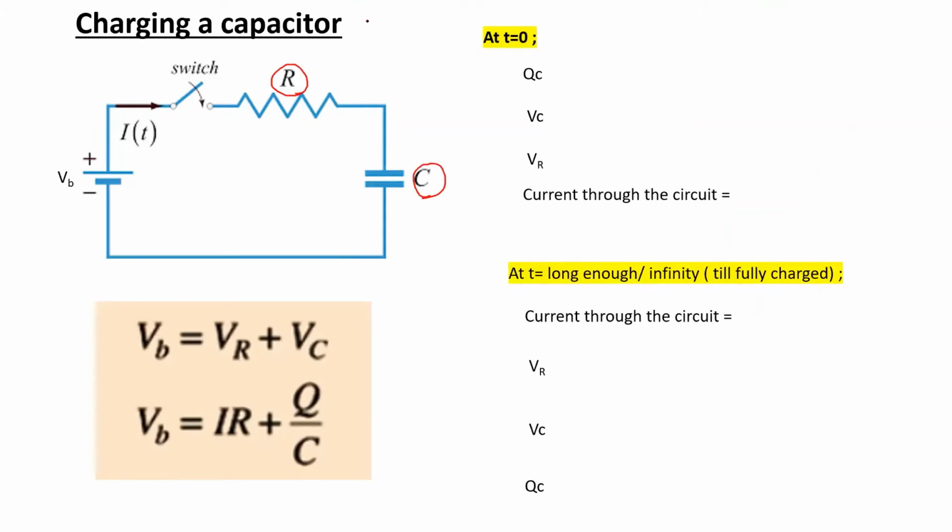Circuits which have resistors and capacitors are called RC circuits. RC circuits are nothing special. If it has a resistor and a capacitor both, or a bunch of resistors and a bunch of capacitors together, they are called RC circuits. So this is our RC circuit, right? We have a resistor and a capacitor.